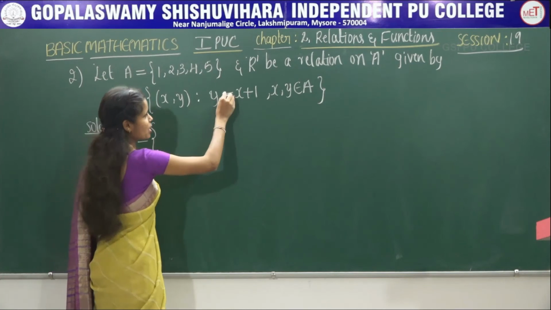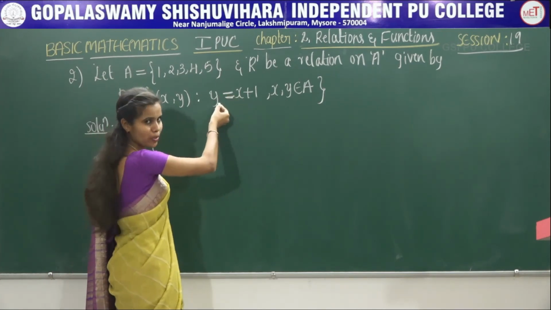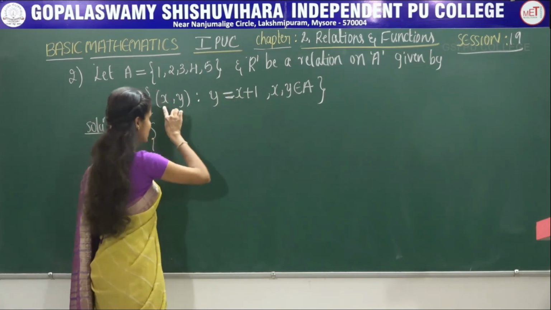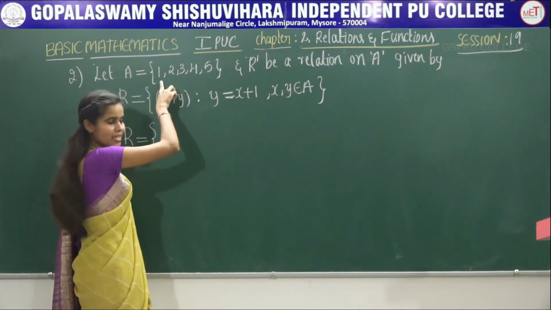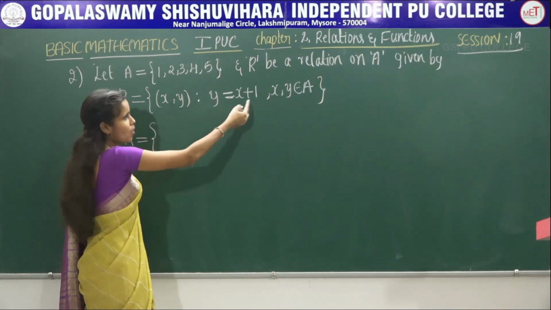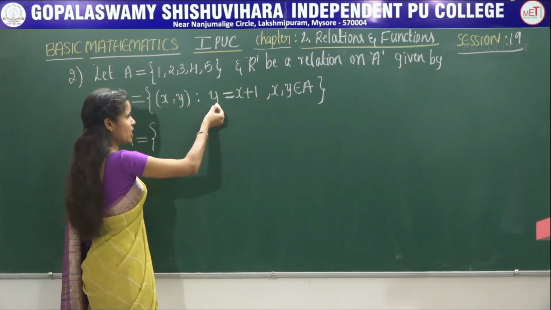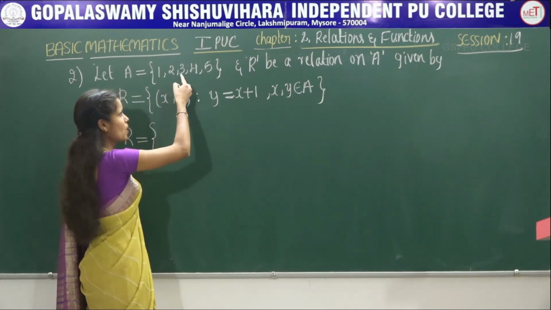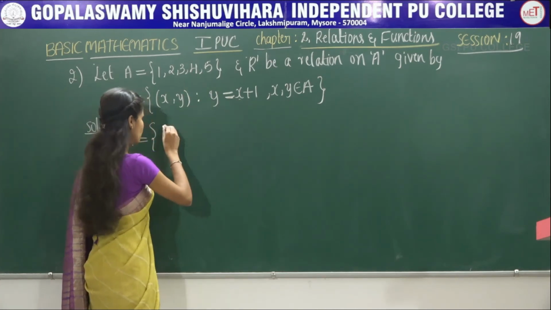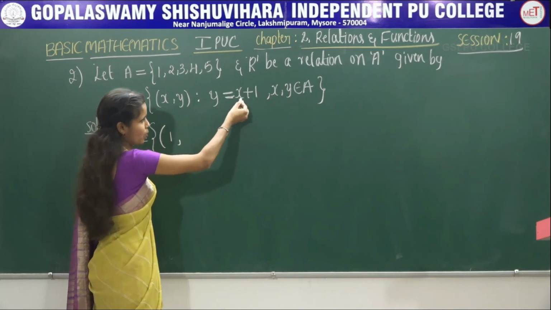Here the equation is given, therefore substituting values for x, directly find the values for y. x belongs to A means x is equal to either 1 or 2 or 3 or 4 or 5, and y also belongs to A, so the value of y is also either 1 or 2 or 3 or 4 or 5. First substitute x is equal to 1, then 1 plus 1 is 2.